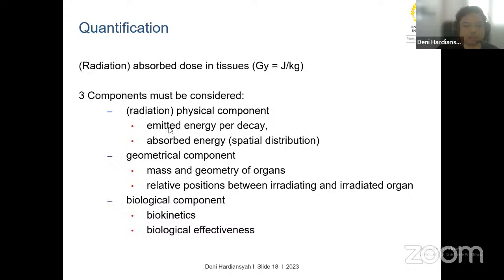This is related to the emitted energy per decay and the absorbed energy in spatial distribution, and also the geometrical component, for example, the mass and geometry of organs, and the relative position between irradiating and irradiated organ, and also the biological component, for example, the biokinetics and the biological effectiveness.